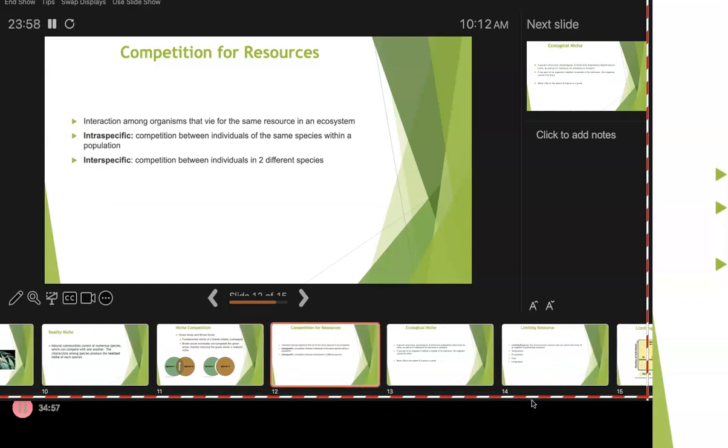It's resources. And you need resources to survive. So competition for resources, we're looking at interaction amongst organisms that vie, or compete, if you would, for the same resource in an ecosystem. So you've got intraspecific and interspecific.